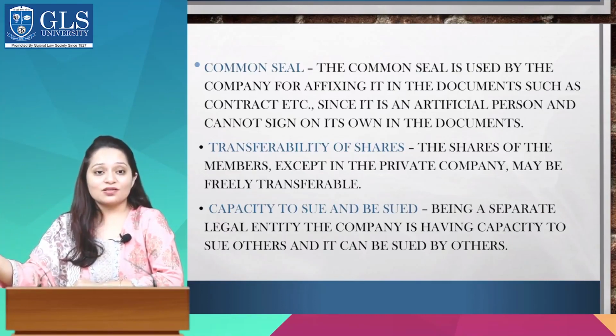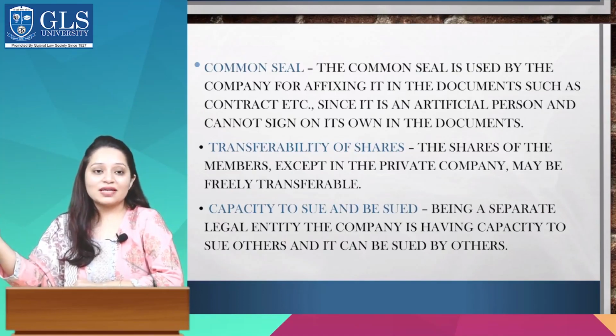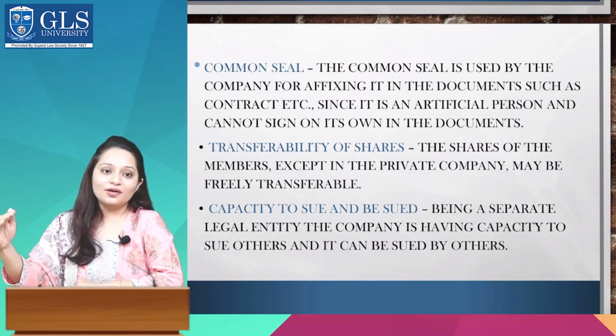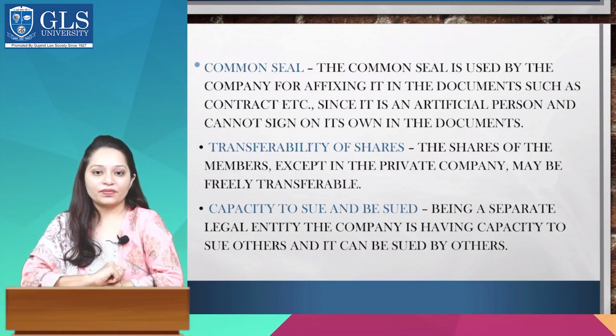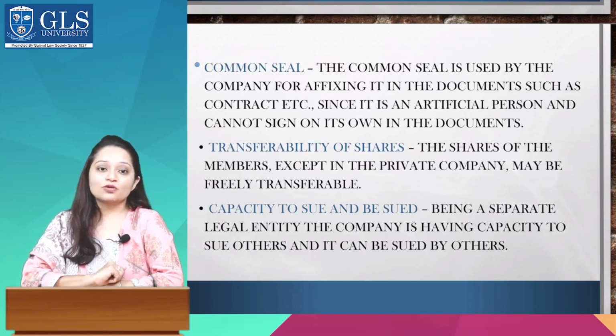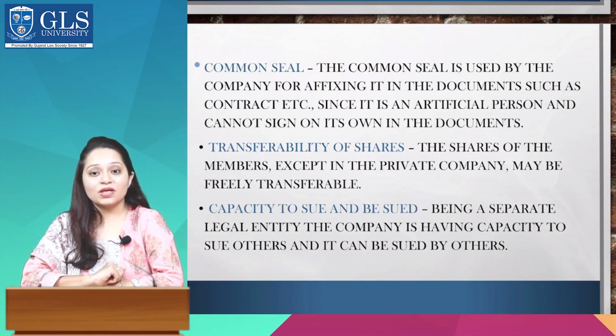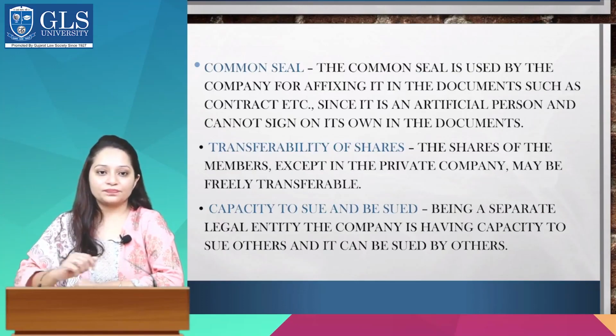And as a result, if anything wrong is done by a company or to a company, then the company will take all the legal actions in its own name only. So the company has the capacity to sue others. Not only that, the company can also be sued by others.